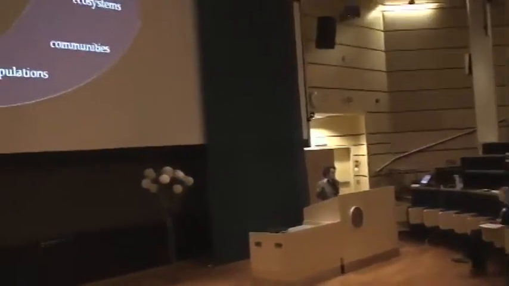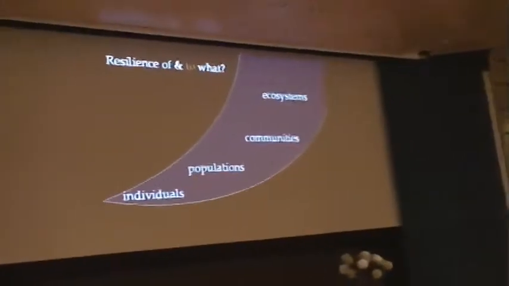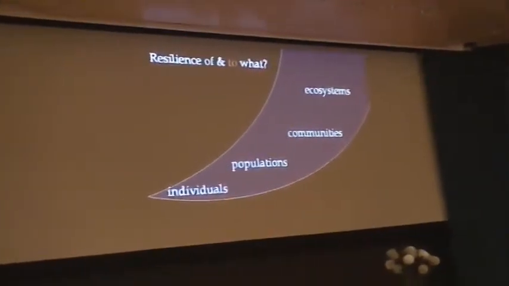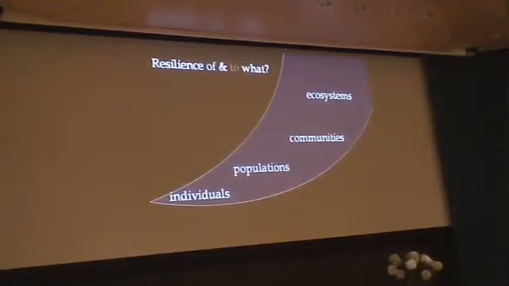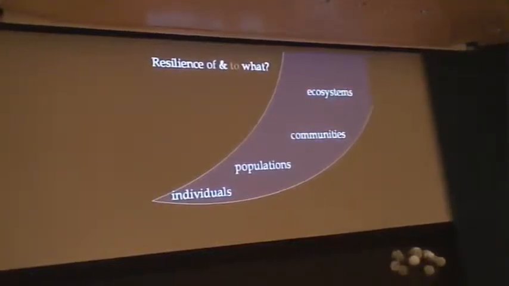You can think of resilience for different levels of biological organization. Here I show it from individuals to ecosystems. In fact, you could go down to the cell level and up to the Earth system level, but if we restrain ourselves to biological levels of organization, we can have resilience of individuals, populations, communities, and ecosystems.